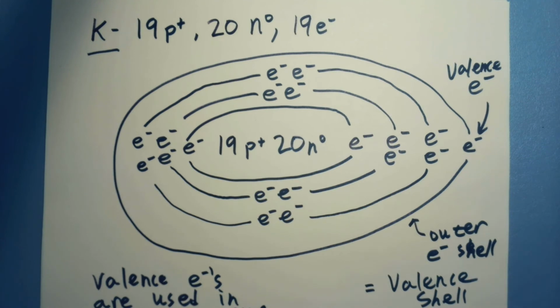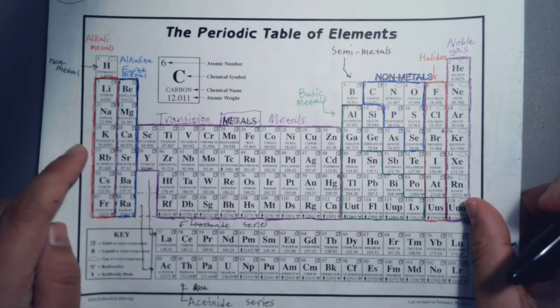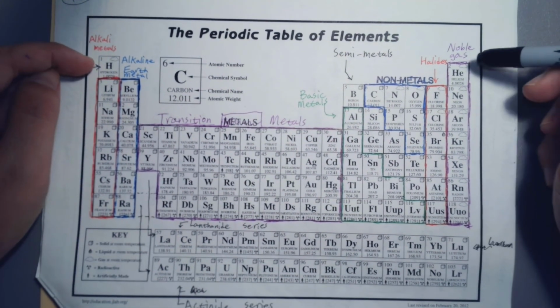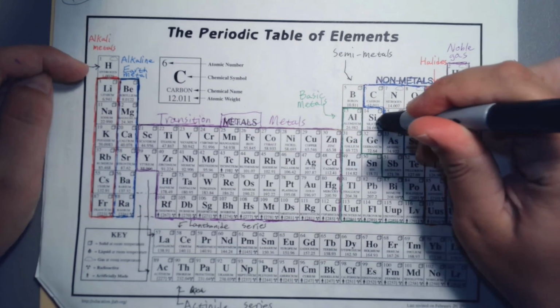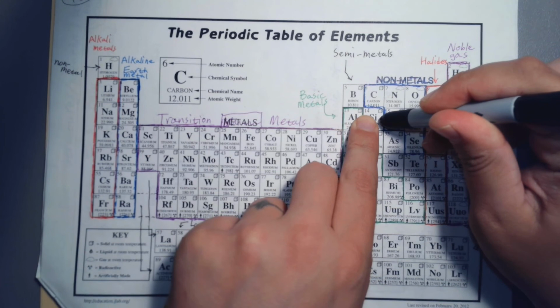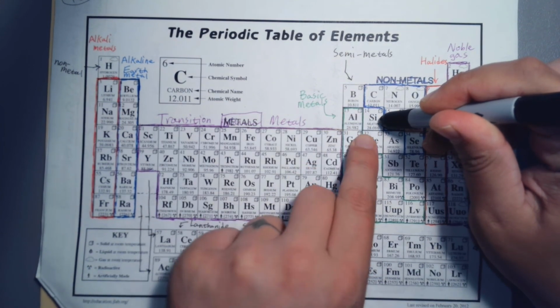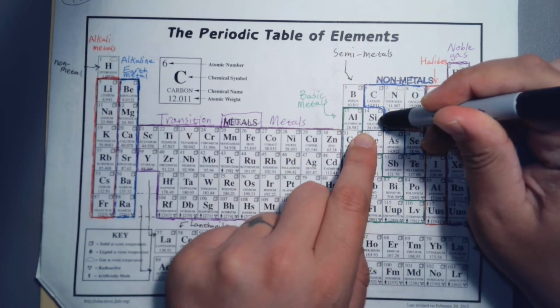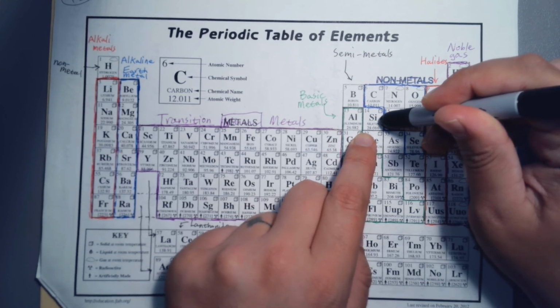All right, so the periodic table really ties into this, right? Now we can look at something like silicon and say, okay, it has 14 protons, atomic number of 14. Let's see, it has a mass of 28.09. Well, that means it's going to have 14 neutrons as well.